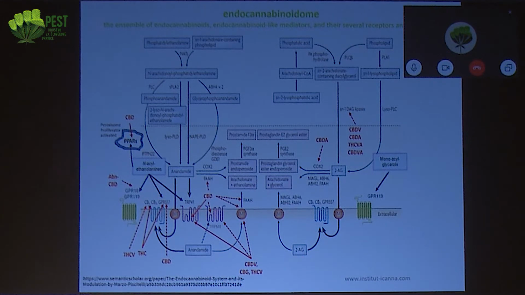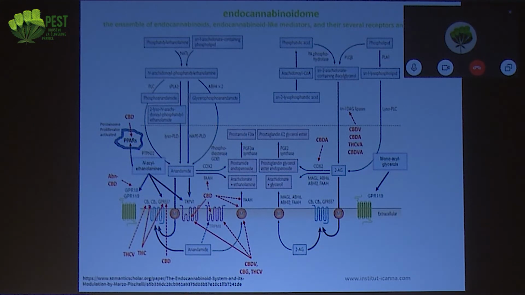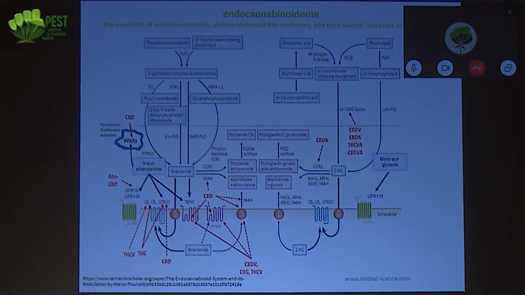There's a new name for it, and we call it the endocannabinoidome. This takes into account all of the targets we know, all of the receptors. We now know that we have over 100 endocannabinoids in our body, that there are way more than just 2 receptors, and that the receptors are present not only on cells but also inside of the cell.